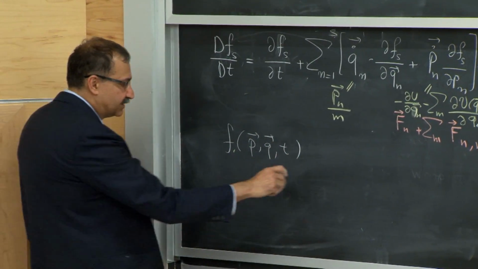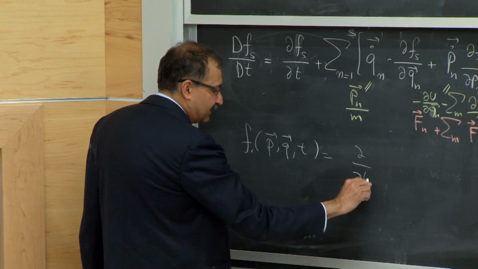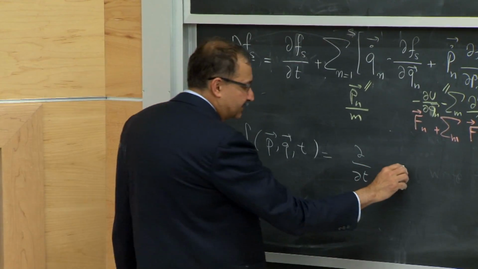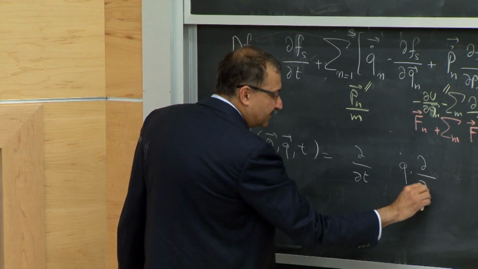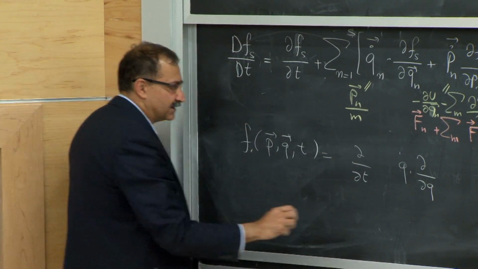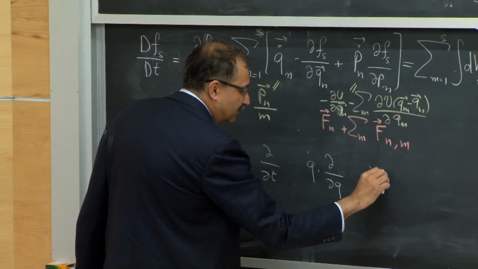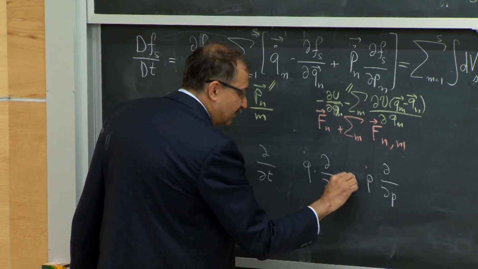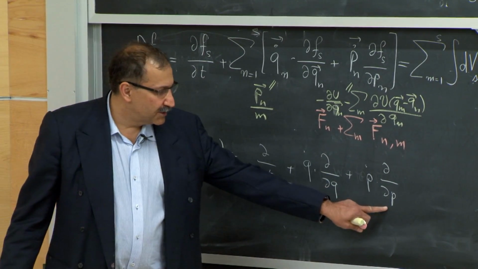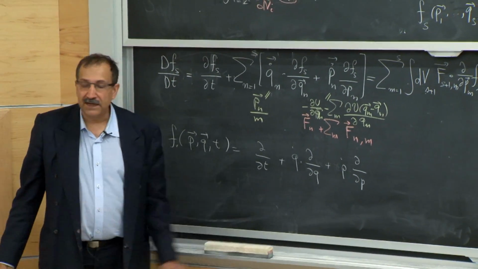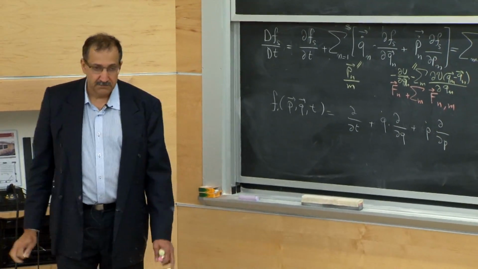So then there's the explicit time derivative, d by dt, and then there is the q dot term, which will go with d by dq, and then there's the p dot term that will go with d by dp. And all of these have to be there. So I should have derivatives with respect to momenta and derivatives with respect to coordinate.